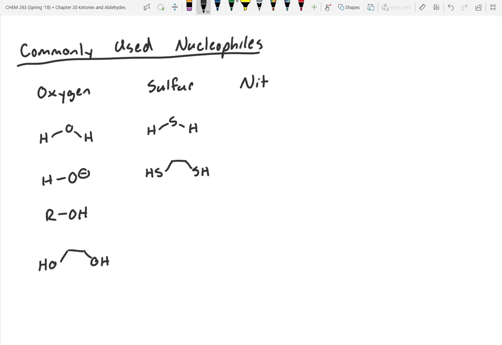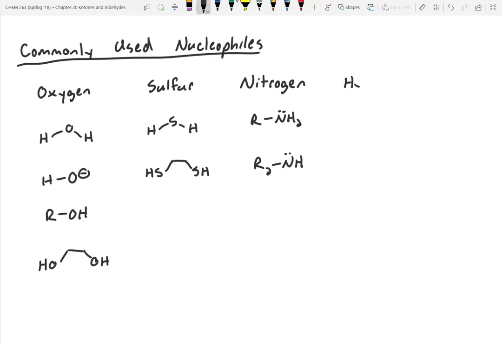You can also use nitrogen nucleophiles. These are quite common. You can use primary amines. You can use secondary amines, but that's usually about it. Whoops, sorry, that should just be R2NH.